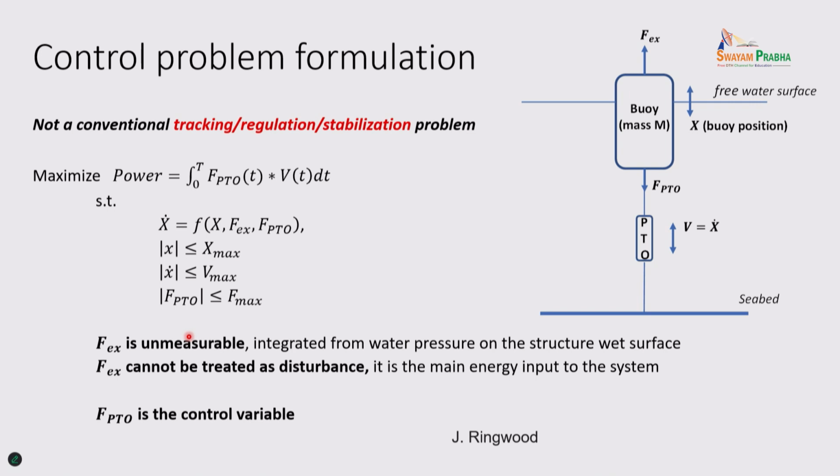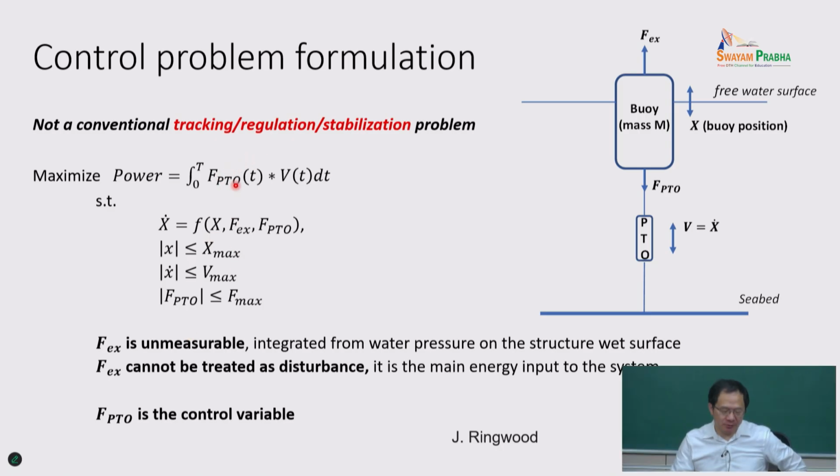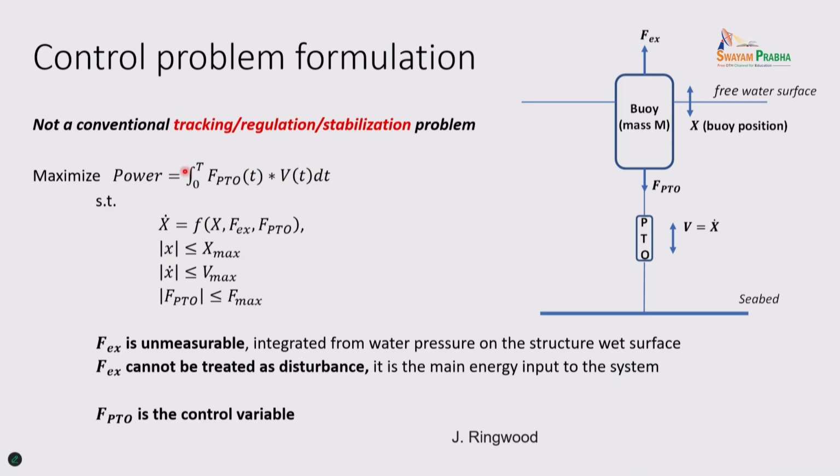Okay, so what's the control problem? In the control problem, you want more power output here at the PTO, the mechanical power output. That is PTO force times velocity. And now you do the integration, right? And it looks like that.